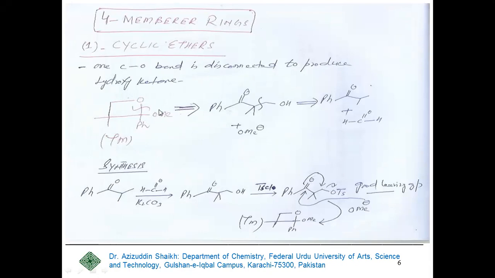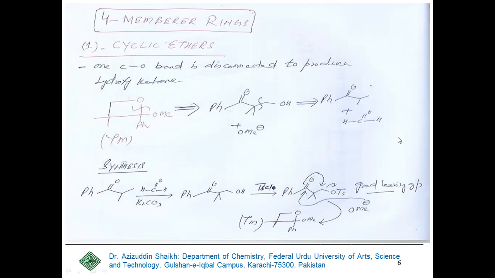One CO bond is disconnected, then we will obtain this intermediate, a hydroxycarbonyl with a methoxy group, which is further disconnected into formaldehyde and a carbonyl compound.